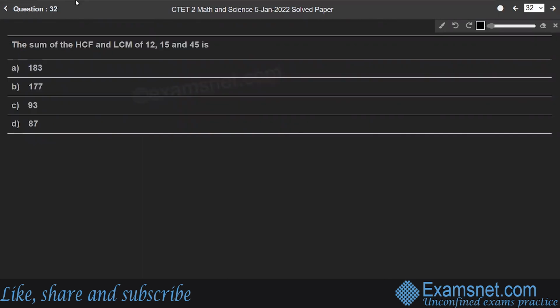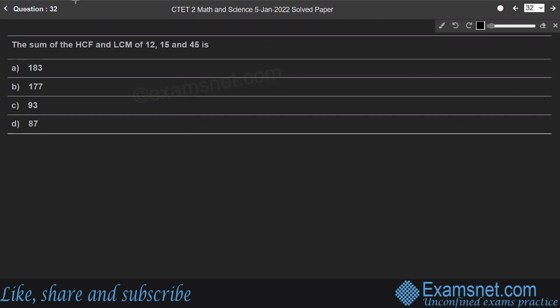Question number 32. The sum of the HCF and LCM of 12, 15 and 45 is. Here, HCF is the highest common factor. The HCF of 2 or more numbers is the greatest number which divides each number exactly.